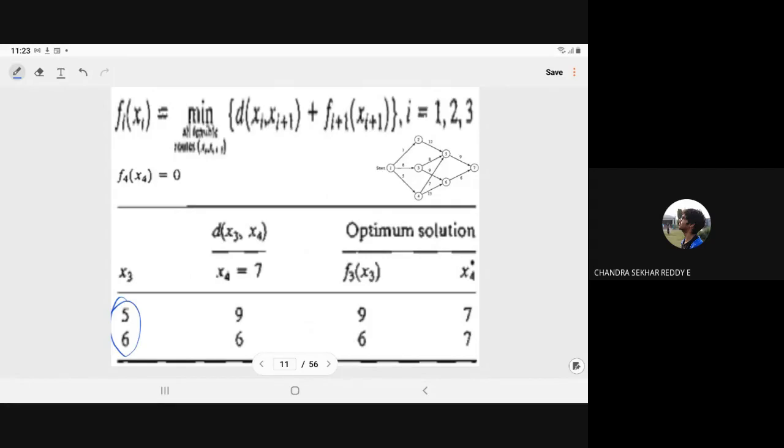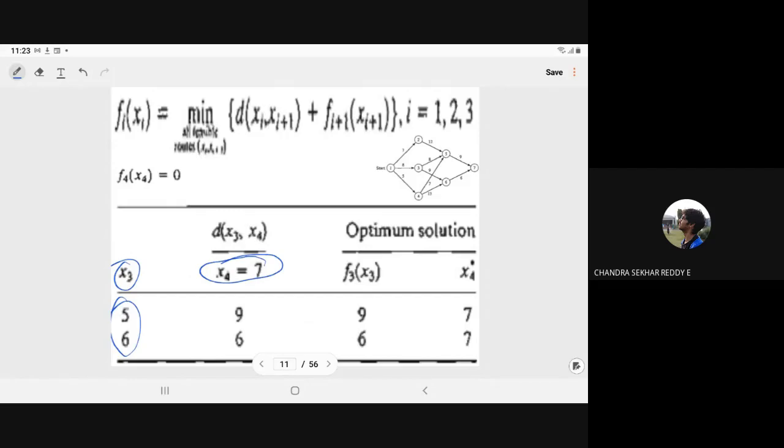So x4 denotes that we are at node 7, and x3 equal to 5 and 6 denotes that we want to reach node 5 and node 6 through the feasible route.